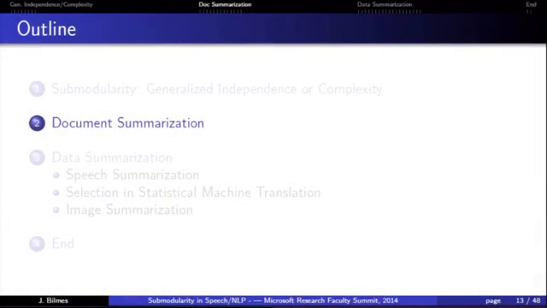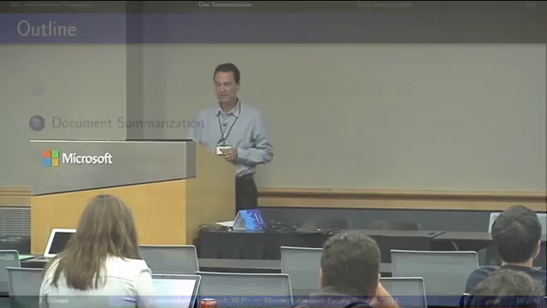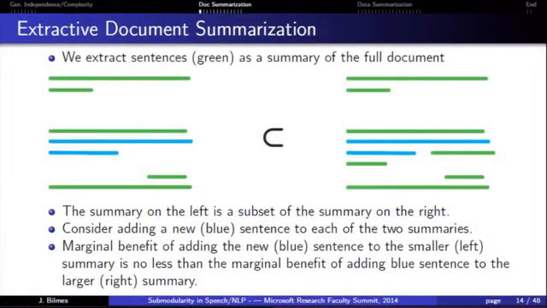So the first result, which at this point is about 2 years old now, is in the context of extractive document summarization. And here, first of all, why is submodularity a useful model for extractive document summarization? Well, in document summarization, the problem is basically you've got a large collection of documents, and you want to choose a subset of the set of sentences that somehow represents the set of documents that you start with.